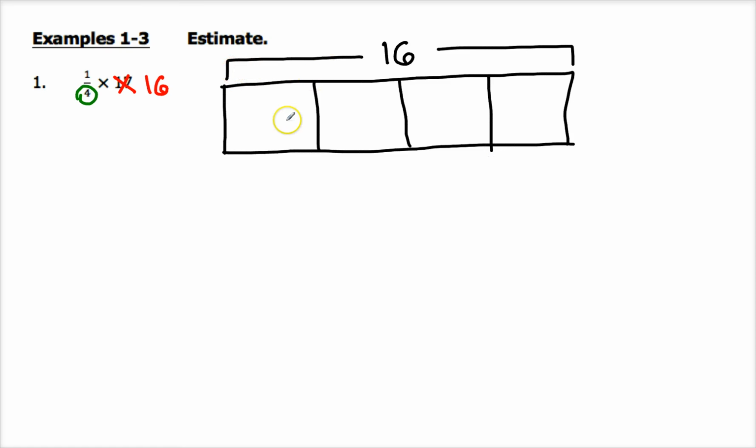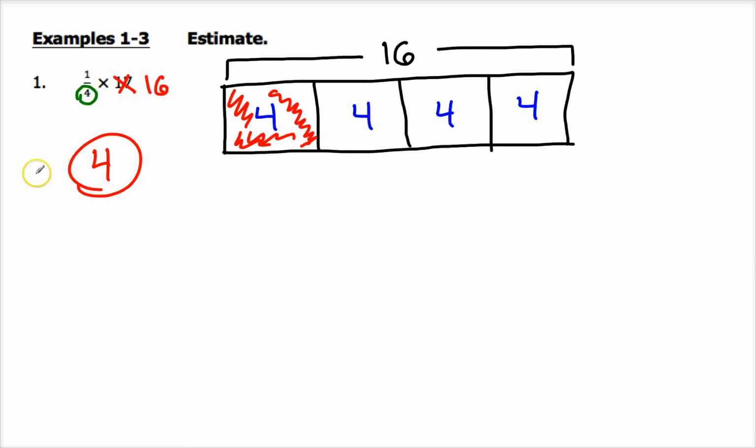If these are 4 equal pieces and my total amount is 16, that means they each need to have 4 in them. 4 plus 4 plus 4 plus 4 is 16. I'm only taking 1/4 of this bar diagram here. My fraction is 1/4, so I'm going to shade one piece of this, 1/4, and so my answer to this problem is 4. 1/4 times 17 is about 4.